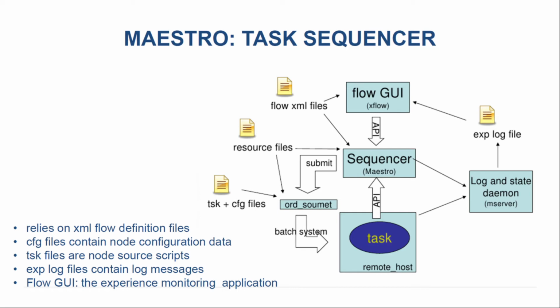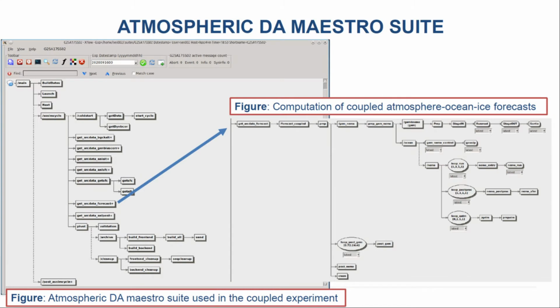We also have so-called task files that are mainly the governing source scripts, and these task files make calls to the data assimilation systems and models. We also have some log files, and as I said before, the graphical interface. So this is an example of how it looks. Here we see the MAESTRO suite of the atmospheric data assimilation.